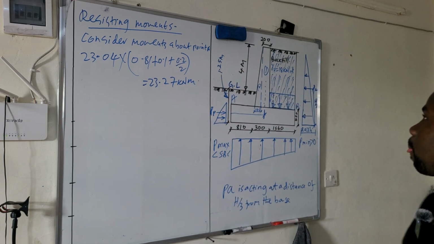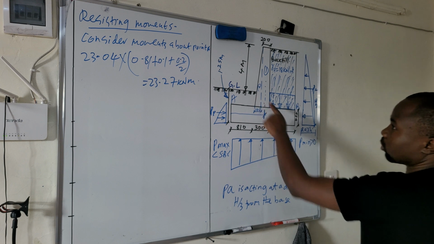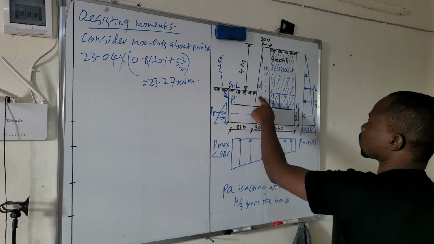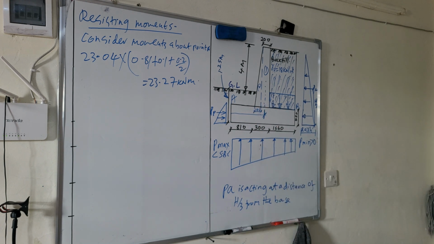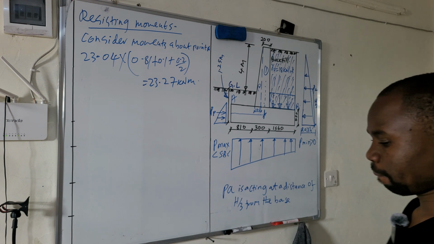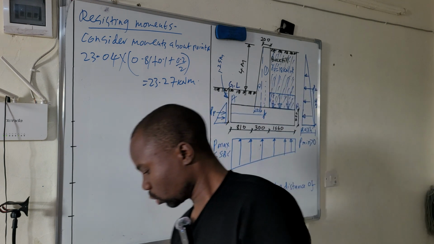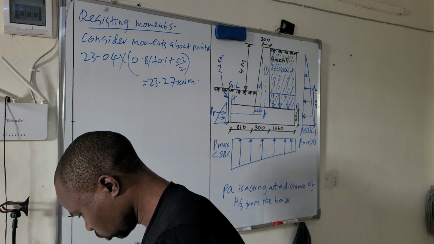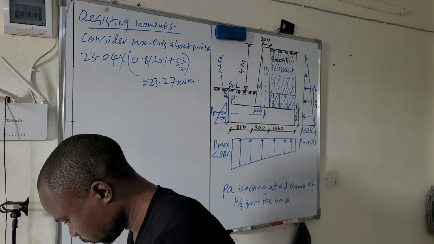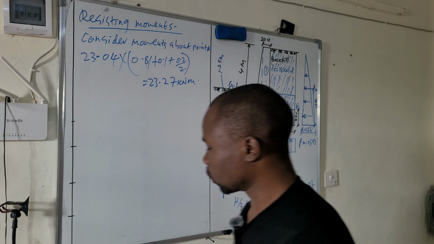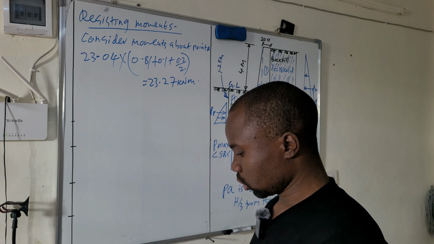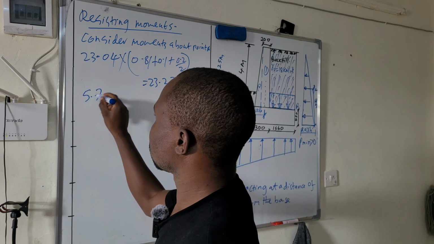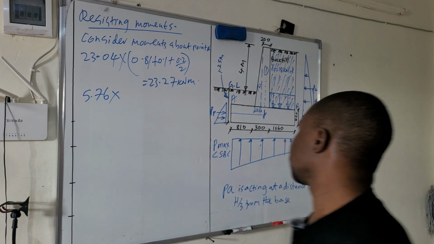We proceed to force as a result of this shape, which was force of stem 2. So the force of stem 2 was 5.76 times the distance.